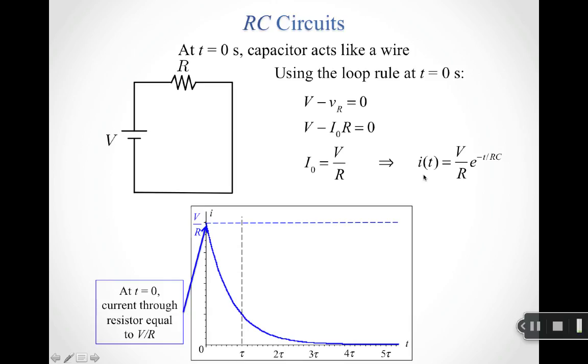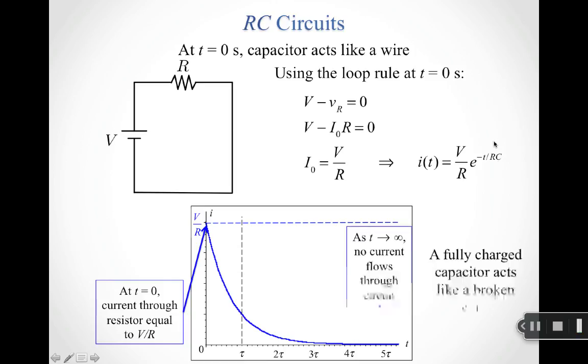So we'll often rewrite our equation for the current as a function of time as V over R times e to the negative t over RC. Or again, maybe we choose to write that RC as our time constant. The other thing that's interesting about all this is, of course, basically no current's flowing after about 5 time constants. So as our time gets really large, basically what that means is our capacitor acts like a broken wire.